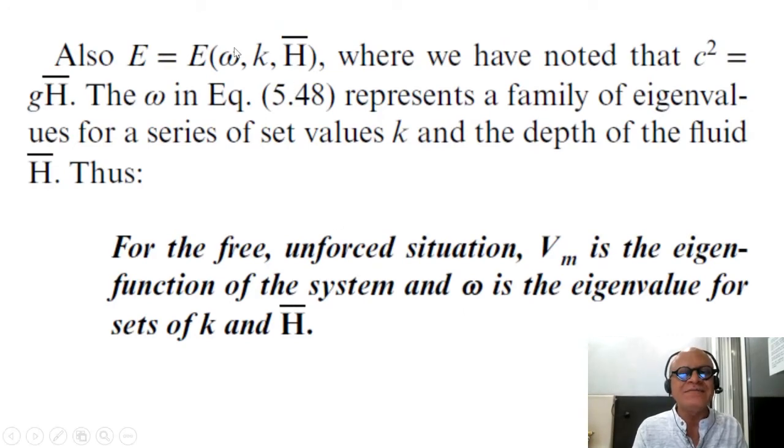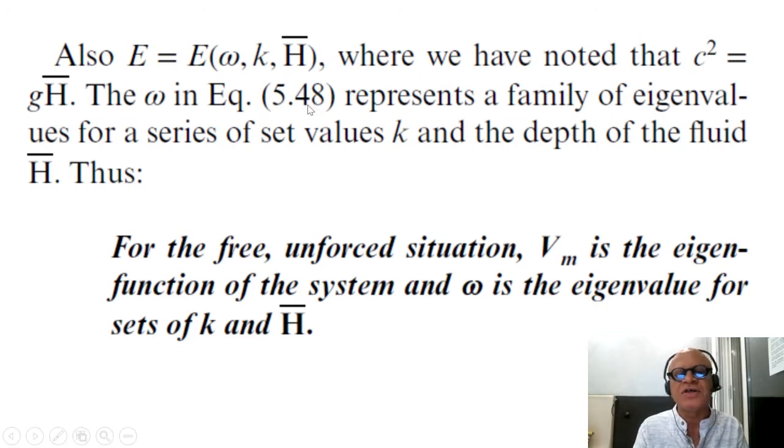So here E is a function of omega, k, and h prime. Here c squared is g h bar, the average depth of the stratified atmosphere.